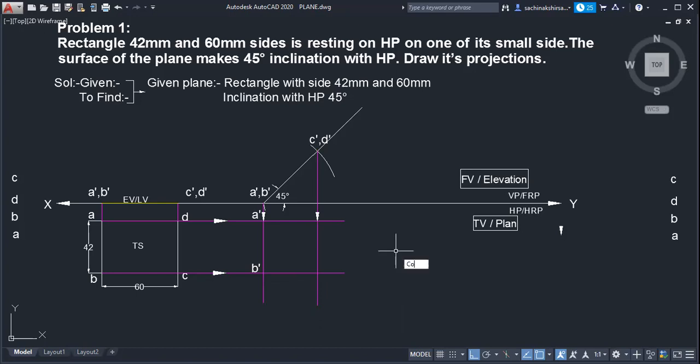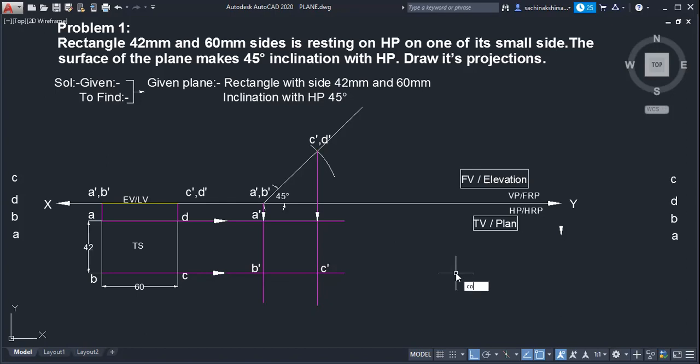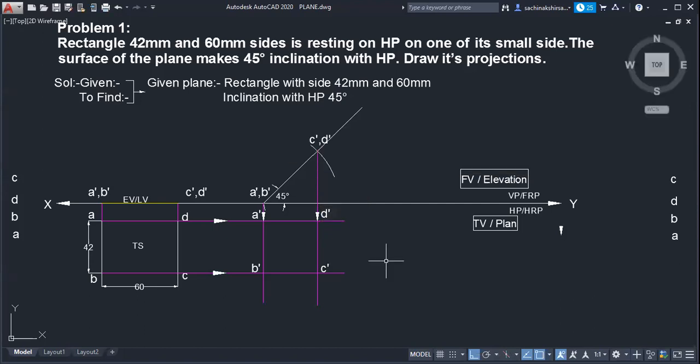The combination of that will be our C dash. We have to mark very carefully. And here there will be the point D dash.